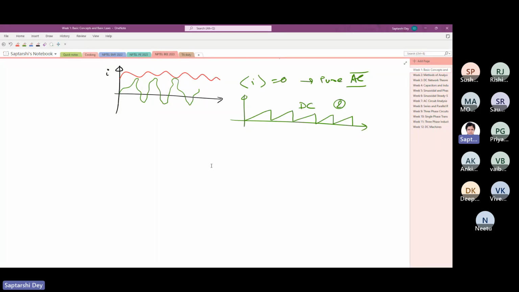Have you studied Fourier series in mathematics yet?